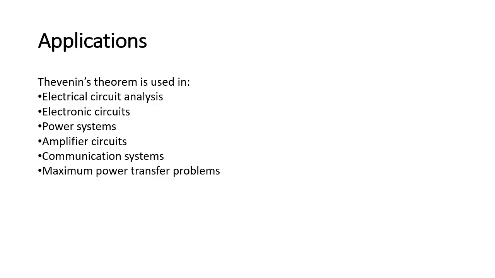For the calculation of maximum power transfer problems also, this theorem is applicable. That is, this theorem is mainly used in electrical circuit analysis calculation, and for electronic circuits, power systems, amplifier circuits, communication systems, and maximum power transfer problems.